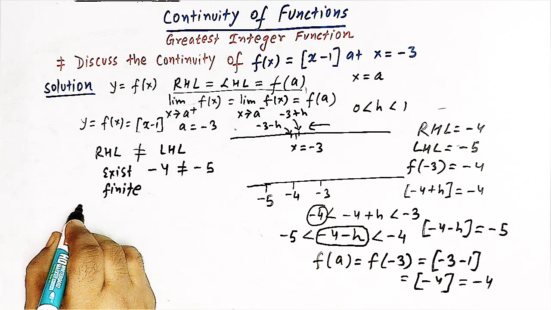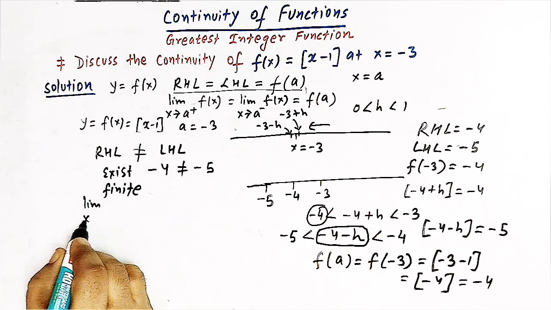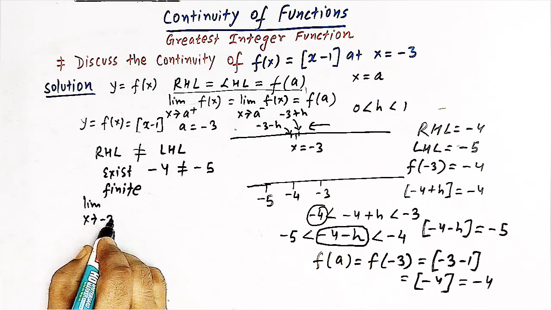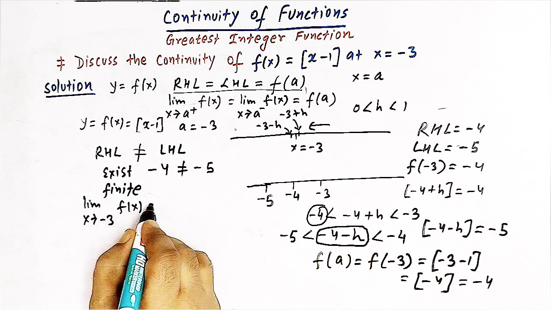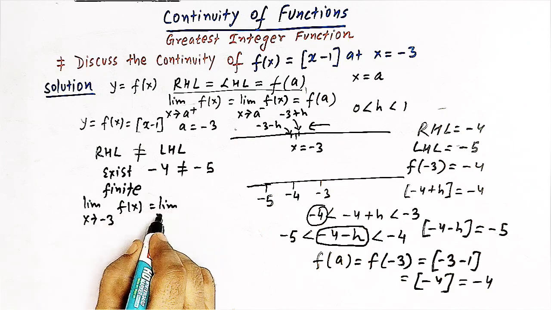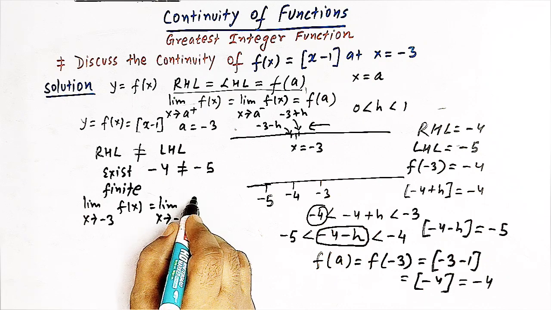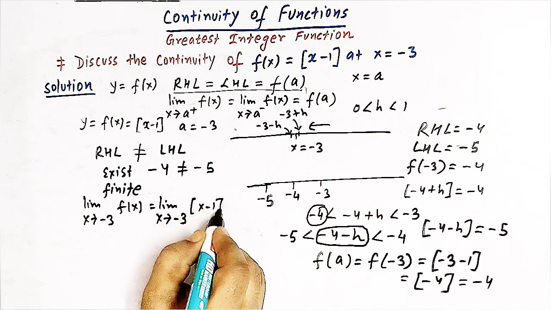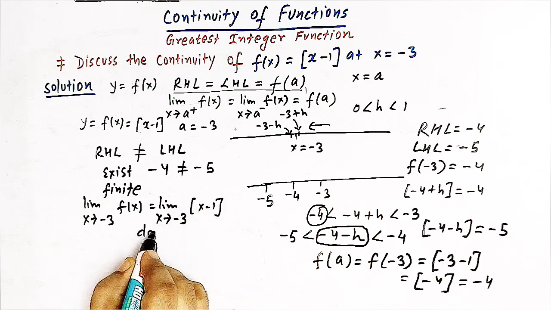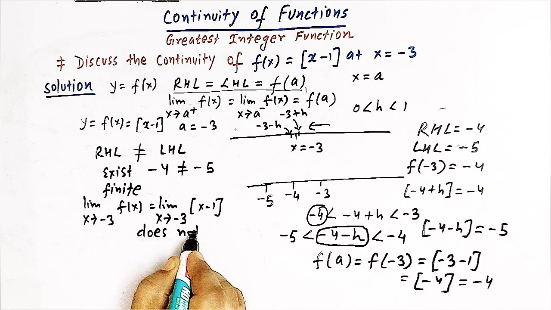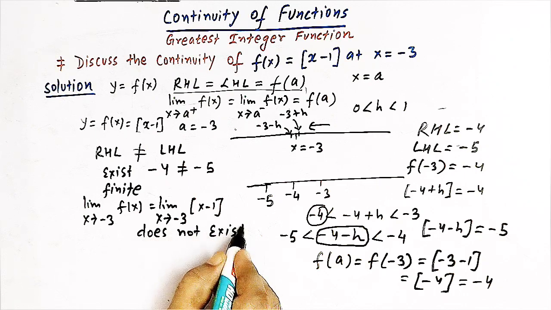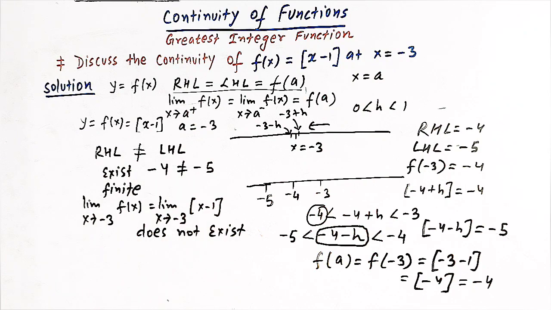So we can conclude that the limit x tends to minus 3 of f of x, that is greatest integer of x minus 1, does not exist because the right hand limit and the left hand limit are not equal to each other.